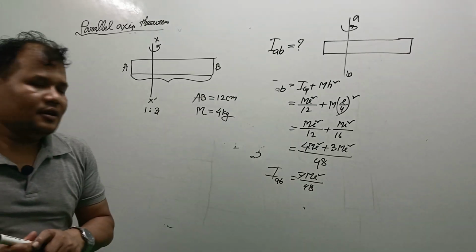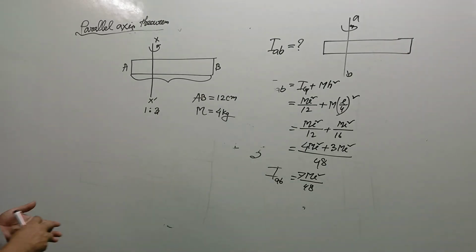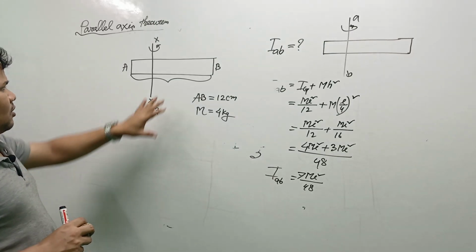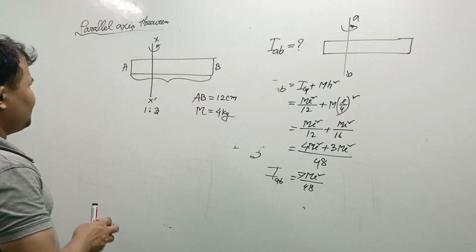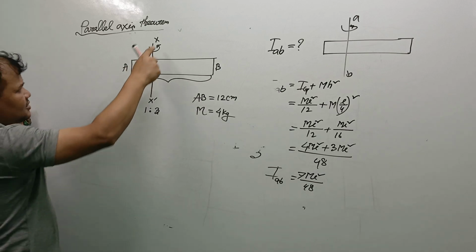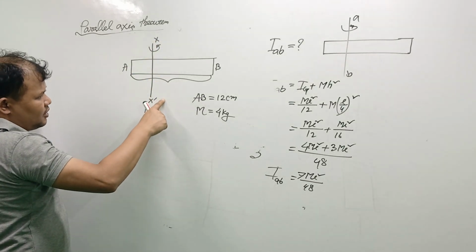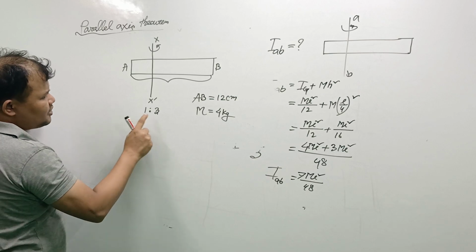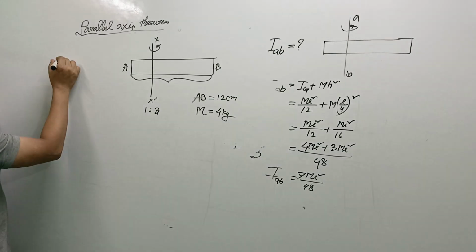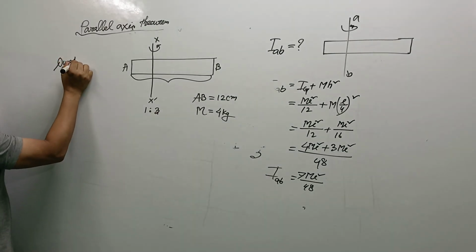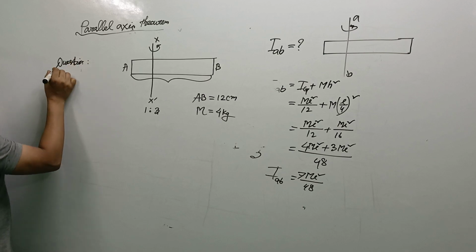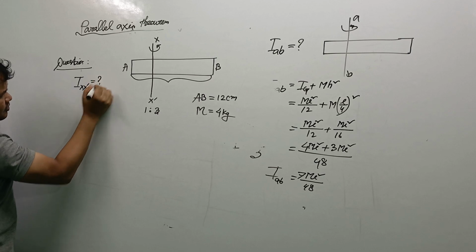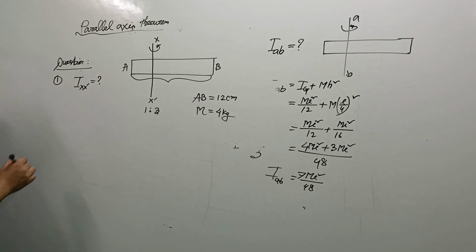Okay, our question is the length of the uniform rod AB is 12 centimeter and the mass of the uniform rod is 4 kg, and if the rotational axis x prime divides the uniform rod AB 1:3, then find out the moment of inertia with the x prime axis. This is number 1.